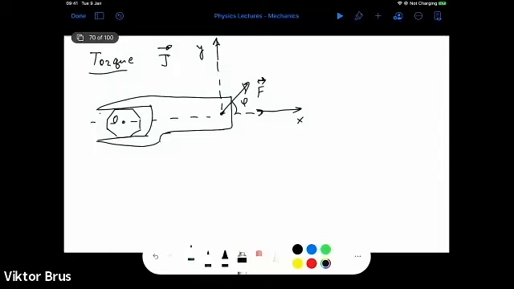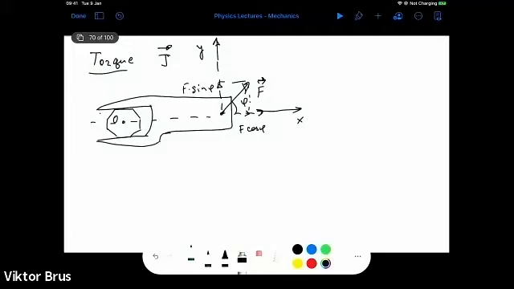And now we have two components of this force. The X component will be F times cosine phi, and the Y component will be F times sine phi.